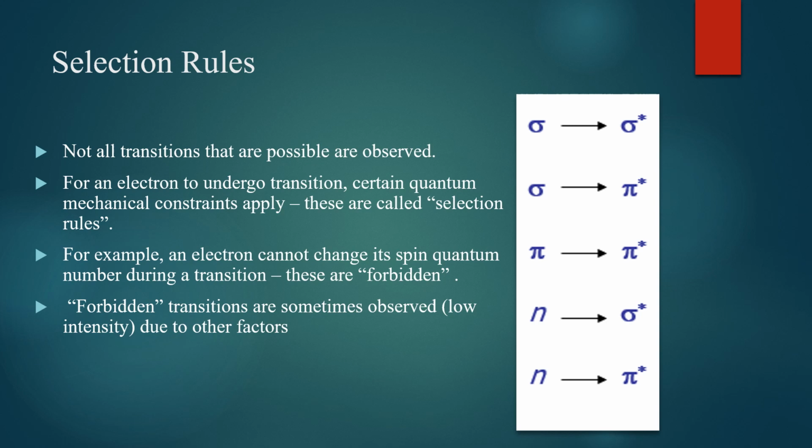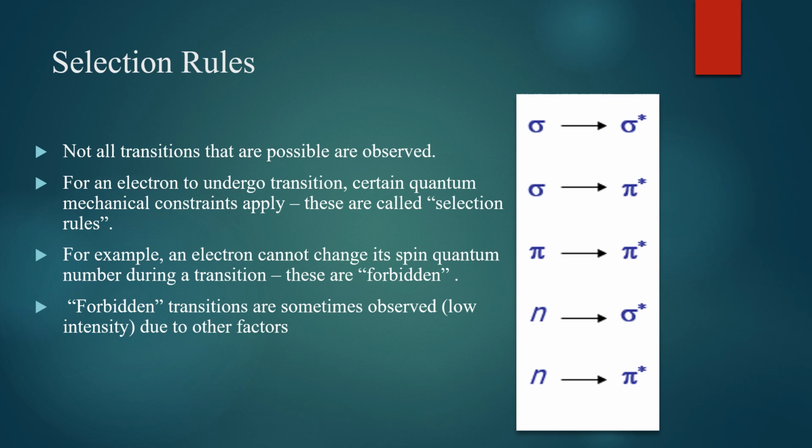A sigma to sigma star electronic transition involves the transfer of an electron from a bonding sigma orbital to a sigma antibonding orbital. The transfer of a bonding pi electron to an antibonding pi star orbital is the pi to pi star transition. When one electron of a non-bonding pair, that is n, undergoes a transition to the pi star, that is an n to pi star transition.